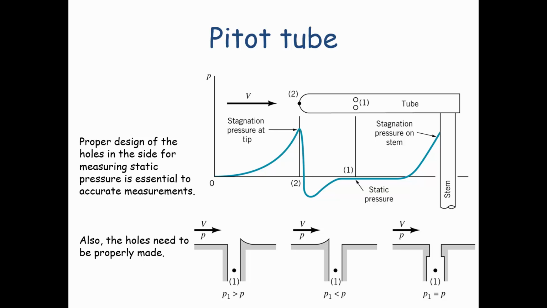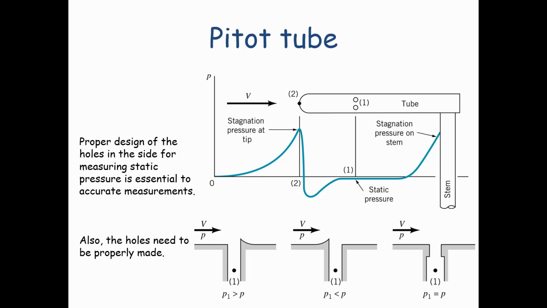So in flying an airplane, the pilot needs to know the velocity of the plane, because if the velocity slows too much, then the plane can stall, and of course if it stalls, it'll go out of control and can crash.